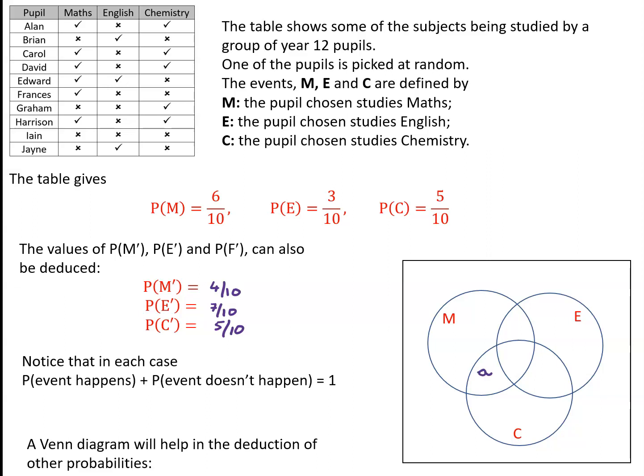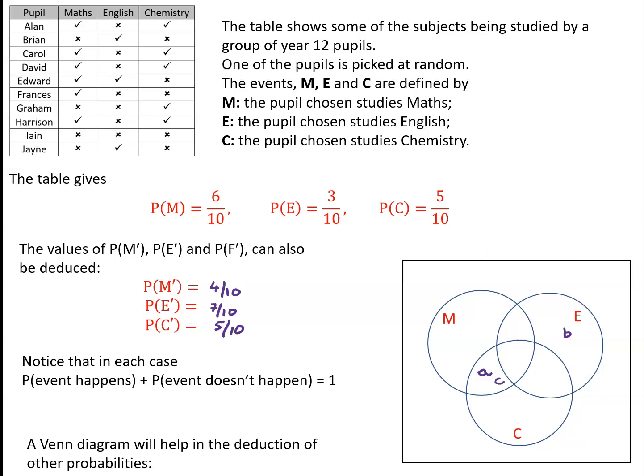So he goes in the bit where maths and chemistry overlap but English doesn't overlap. Similarly, Brian studies English only, so he goes in the part of the diagram which just has the E circle, which is there. And we can go through similarly for the other students.